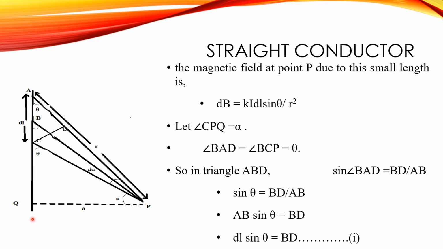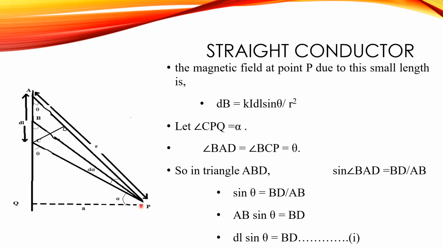From this wire, we are going to find the magnetic field. We consider a point P close to this conductor at a distance a. This is the conductor, and P is the point at a distance a from the conductor.